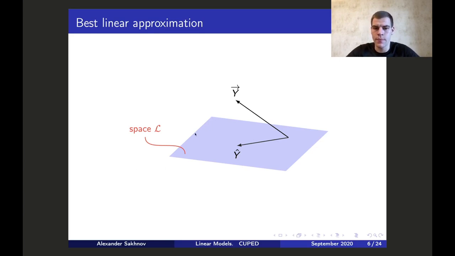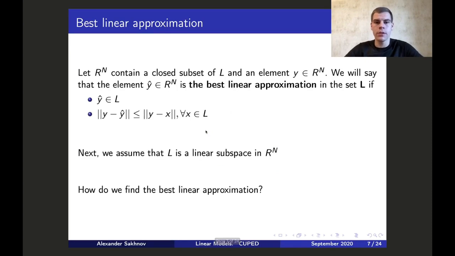Let's say we have some subspace L and the vector y, and we want to find the best approximation of vector y using the vectors from this linear space. Let's talk about it. First of all, we want to give a definition. What does it mean, the best linear approximation?